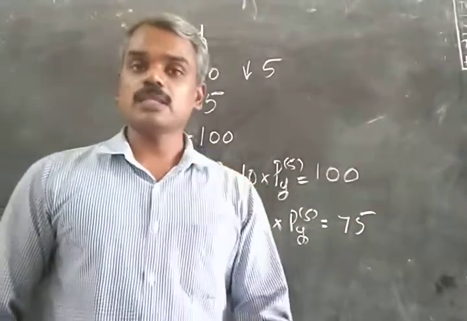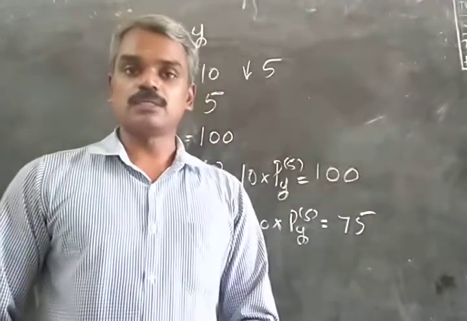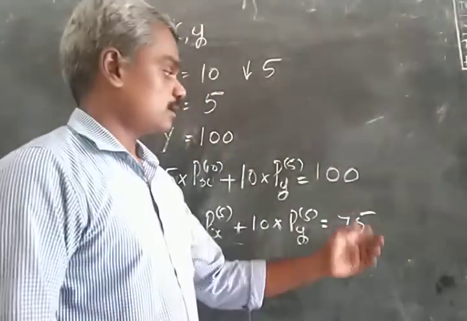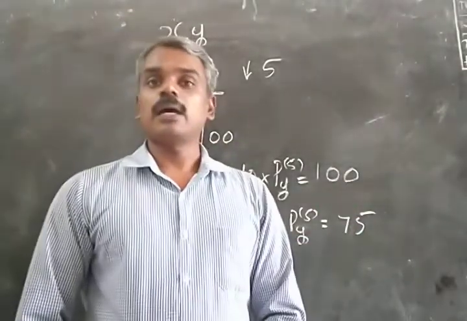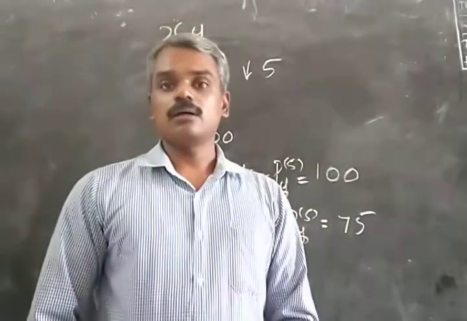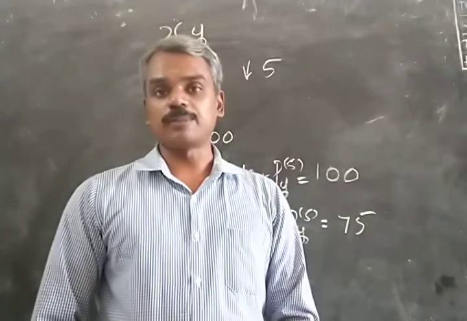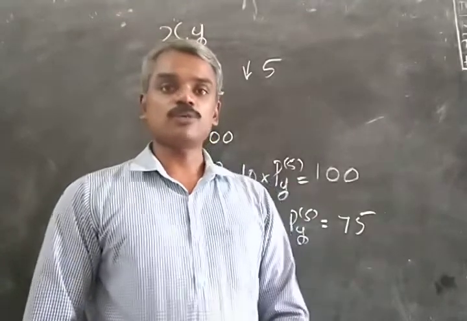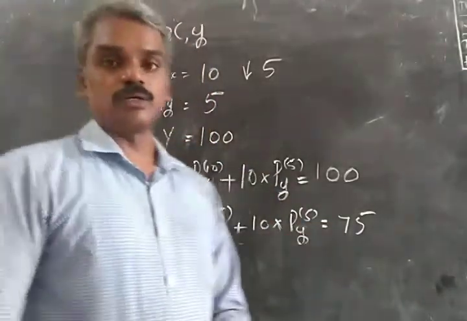By consuming the same units of the same commodities, he is left with a balance of 25 rupees. This is called an increase in the real income due to fall in the price of X. So when price of X falls, his real income increases.